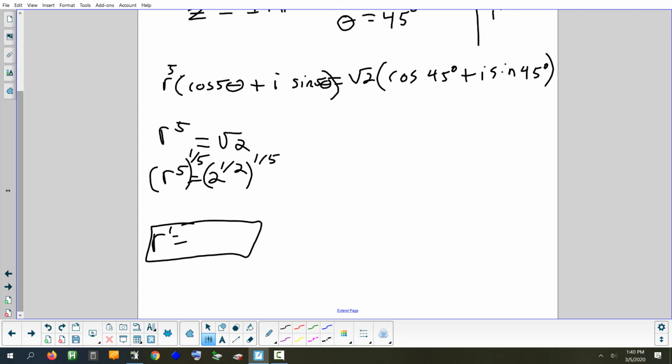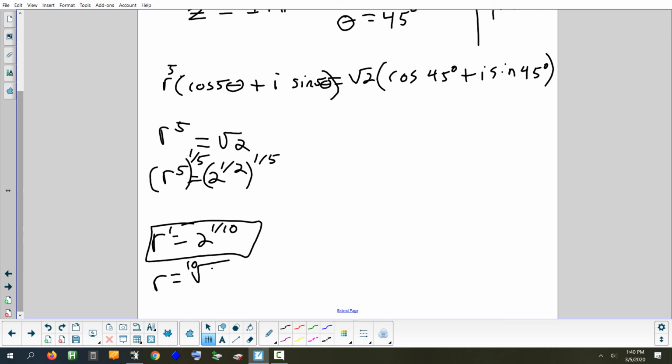And what's 2 to the 1/2 to the 1/5? 2 to the 1/10. So when you take the 5th root of a square root, that's a 10th root. It's like if you took a square root of a square root, that's a 4th root. I just wanted to show you why with the fraction. So it's 2 to the 1/10, which you could say is the 10th root of 2.